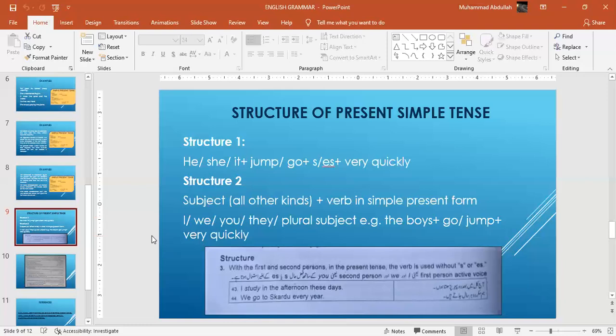Okay, now let's see what is structure. With the first and the second person, in the present tense, the verb is used without s or es, while in case of third person singulars, we use the verb with s or es. Okay, so this was all about the structure.